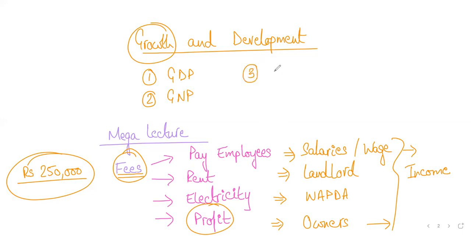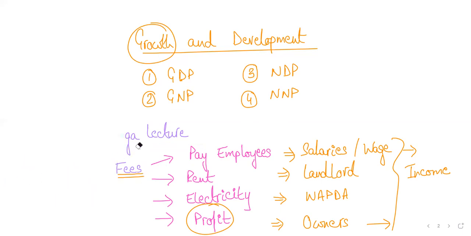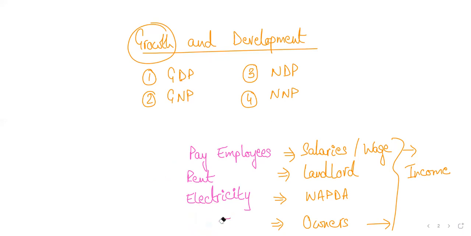Or you can calculate net domestic product, which excludes depreciation: if you deduct depreciation from GDP, you get net domestic product. Or you use net national product, NNP: when you deduct depreciation from gross national product, you get net national product. So these were the four statistics of growth, of national income.